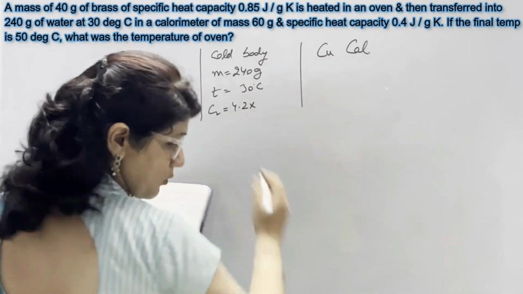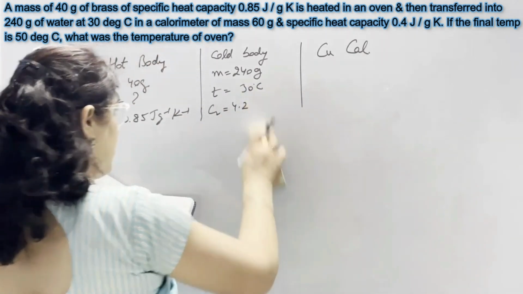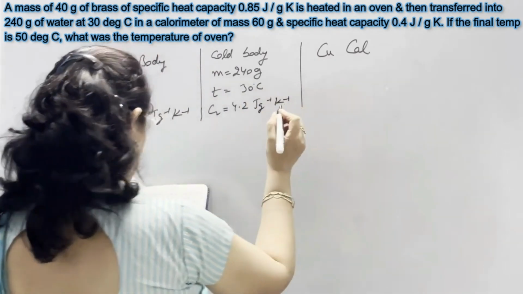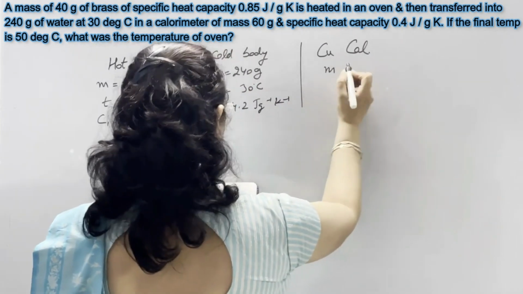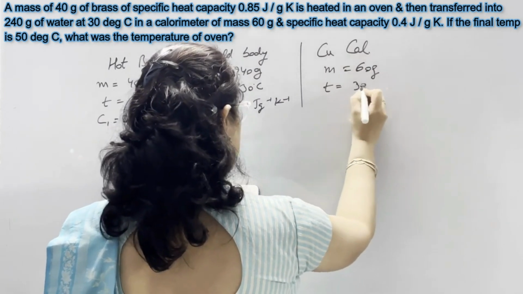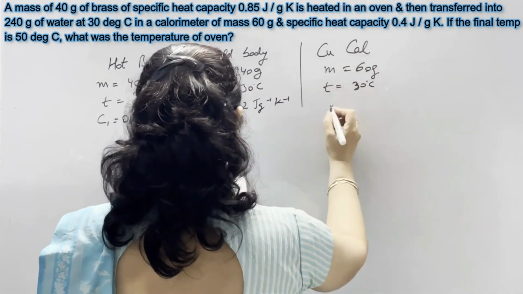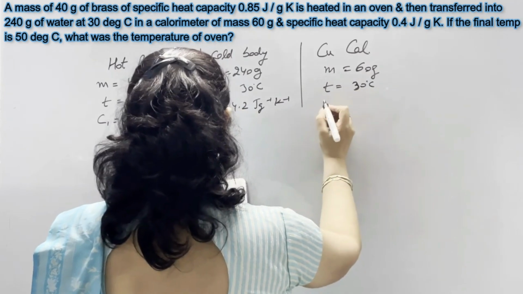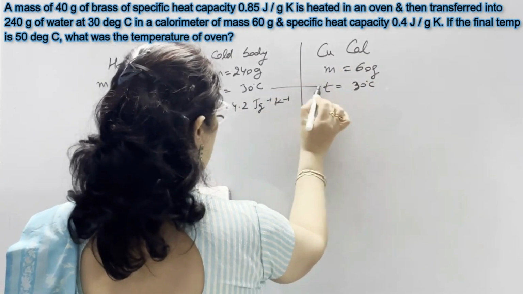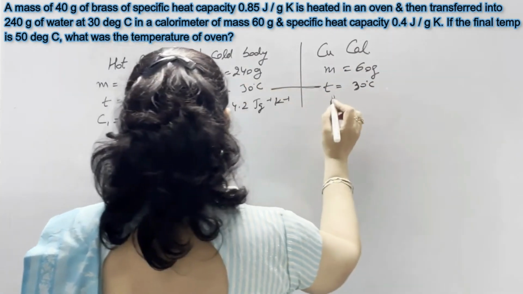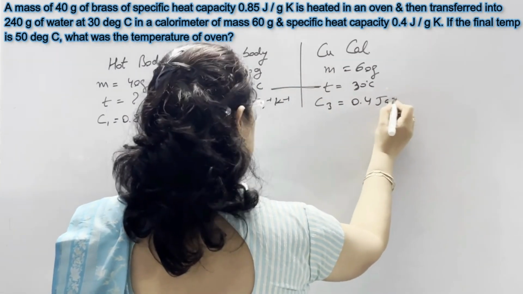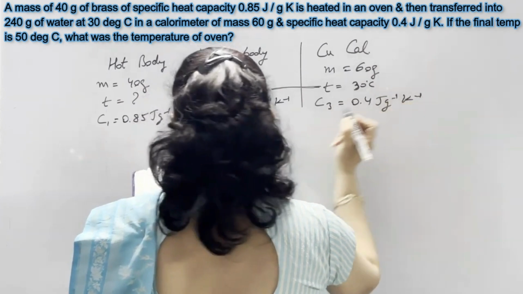We are taking all values in CGS unit, joule per gram per Kelvin. For copper calorimeter, mass is given as 60 gram. Temperature of copper calorimeter is not given, but we are taking it equal to the temperature of cold body. And specific heat capacity of this is 0.4 joule per gram per Kelvin.